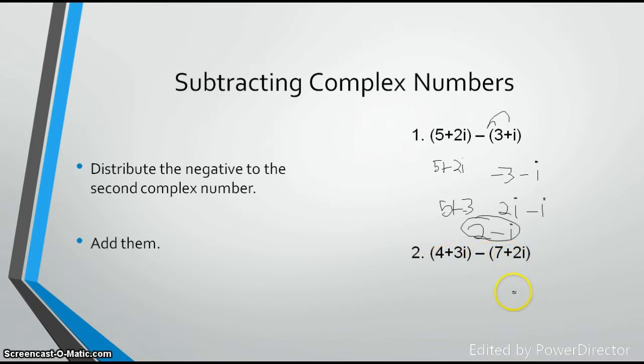For our next problem, we have 4 plus 3i minus 7 plus 2i. So first thing you do is bring down the 4 plus 3i, then distribute the negative amongst the complex numbers, and you get -7 minus 2i, and 4 plus 3i.